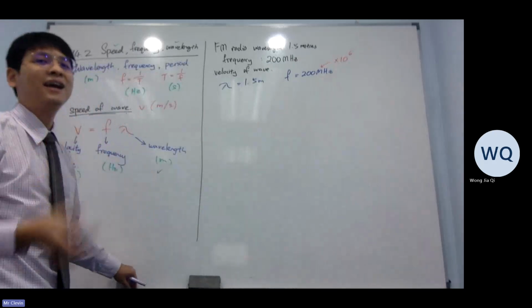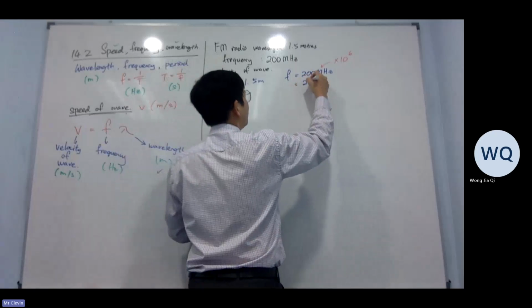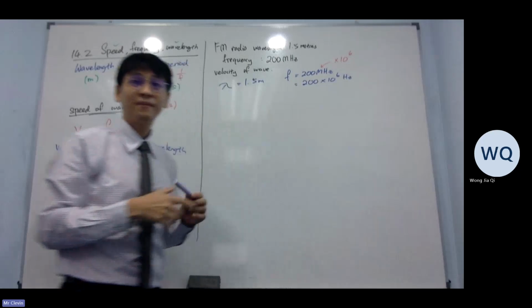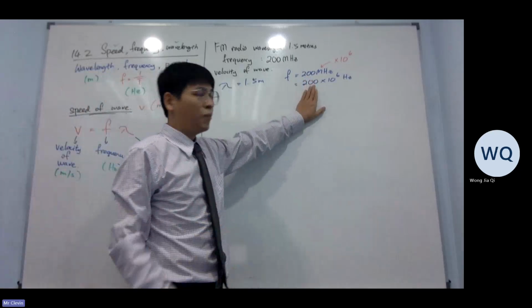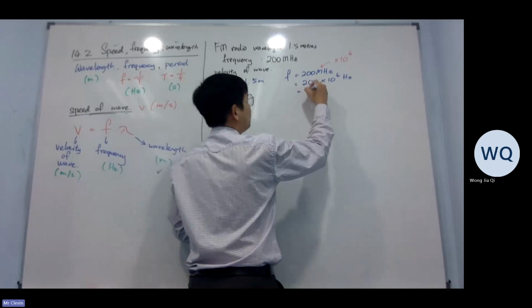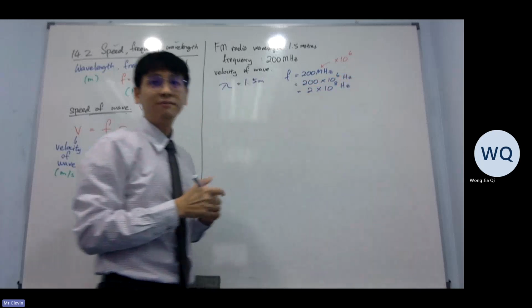That means I can convert this frequency into 200 times 10 to the power of 6 hertz. Then we standardize it, so I can make it 2 times 10 to the power of 8 hertz. Can you follow me so far?